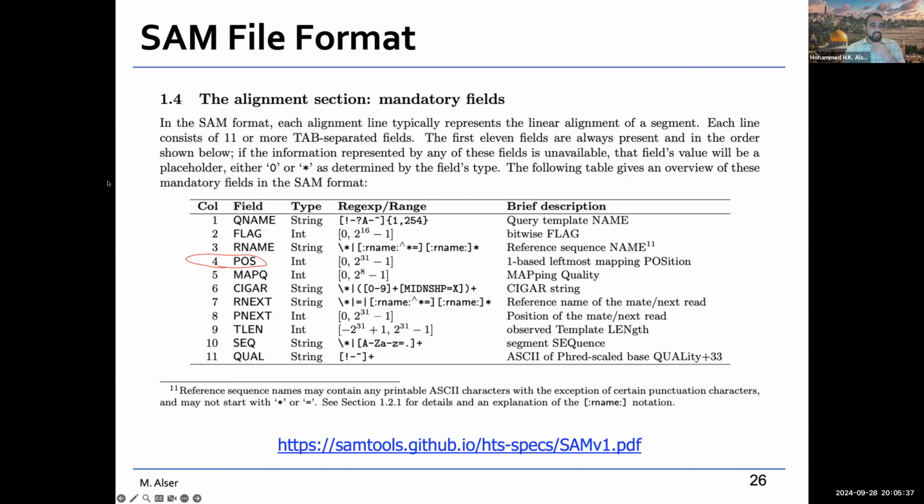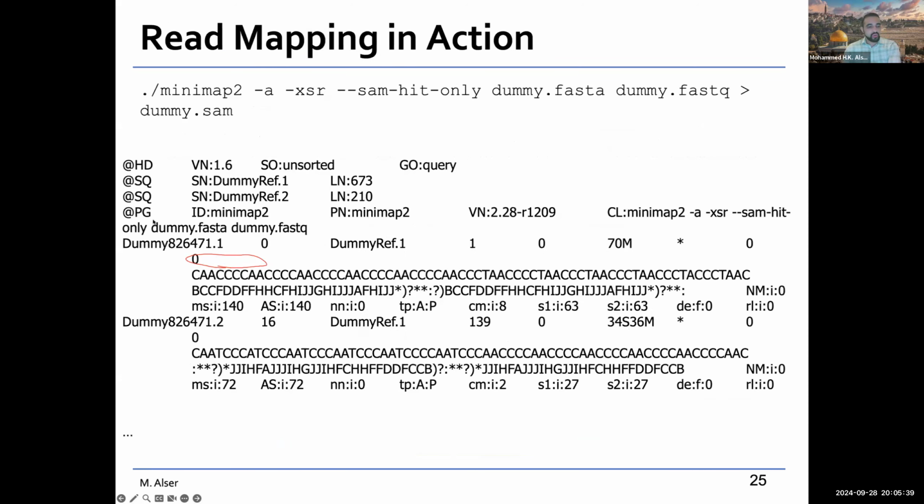So when I record in the SAM file, I say that this read sequence can be mapped to the reference genome at which location? It looks like at location 1. So at location 1 in the reference genome this read exists, right?